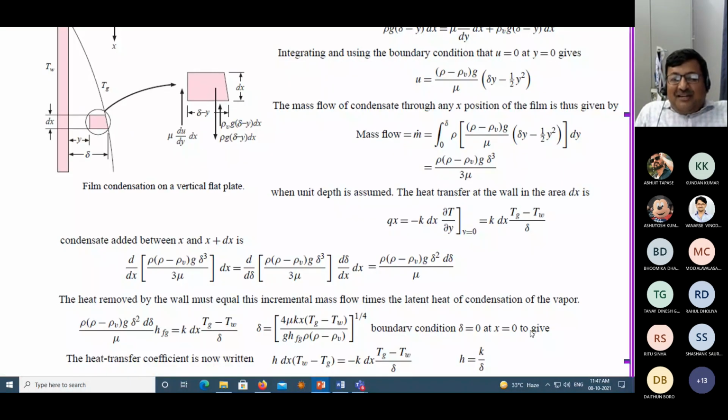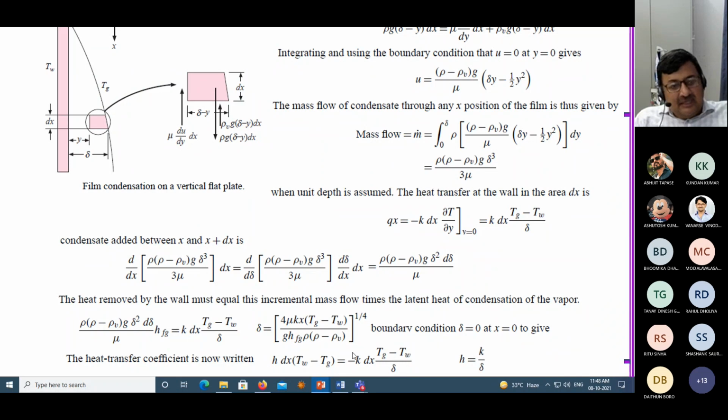Yes. So now once I have the delta, what is my heat transfer now? Here I did an energy balance, right? How much mass condensed because of how much heat flow has taken place. Now, heat transfer coefficient h times delta is equal to what? Again, K dx into this.